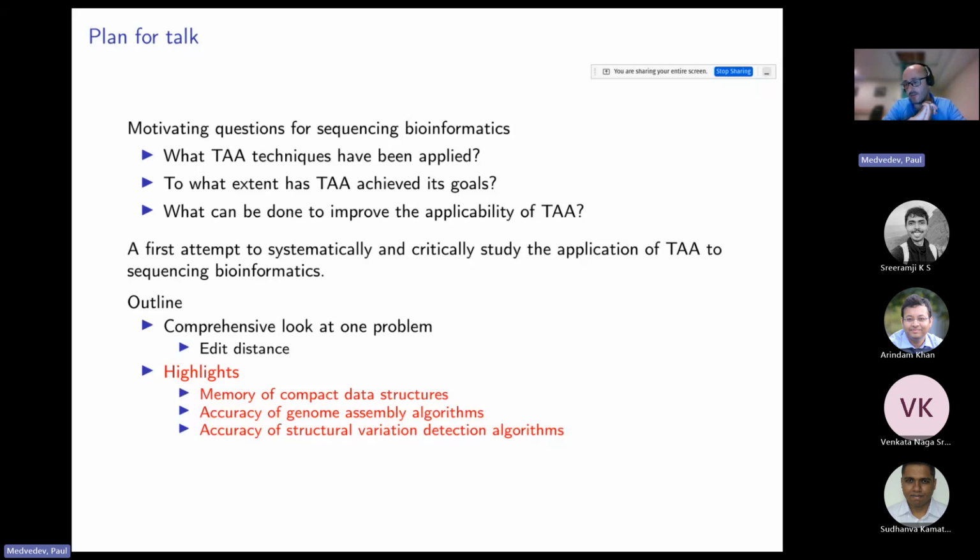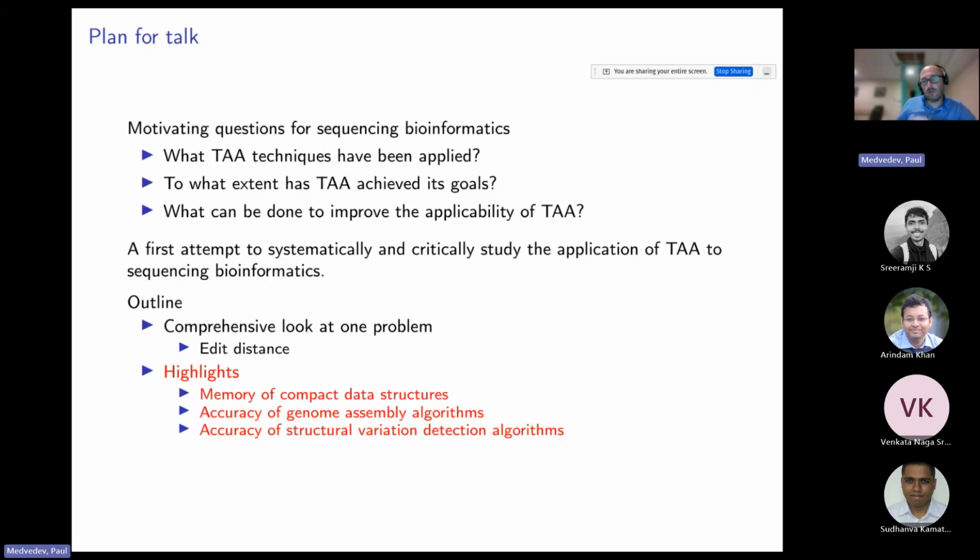And so the more recent stuff really hasn't achieved design or prediction goals, except perhaps the one paper that I mentioned, using an analysis, I didn't talk about it, of the seed and extend algorithm.